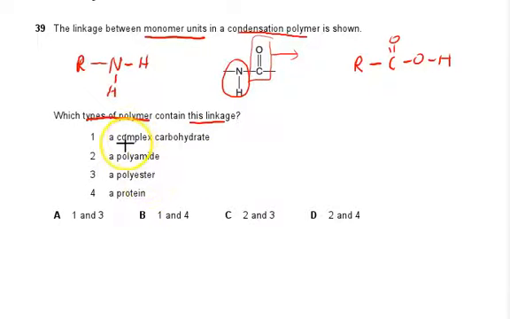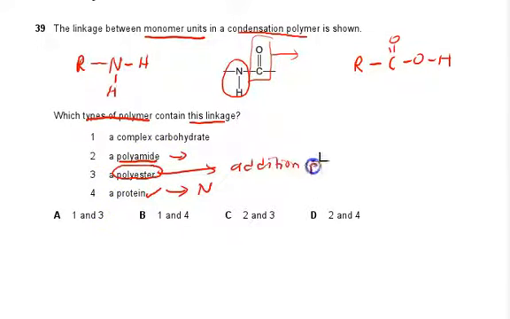It is a protein, because protein must contain nitrogen here, and it is a polyamide. Polyester is different. Polyester is under addition polymer, not condensation polymer. Complex carbohydrate is not involved. So your answer here will be 2 and 4, which is D.